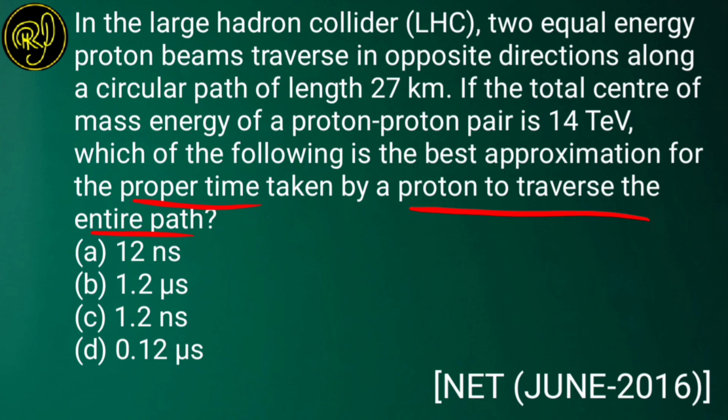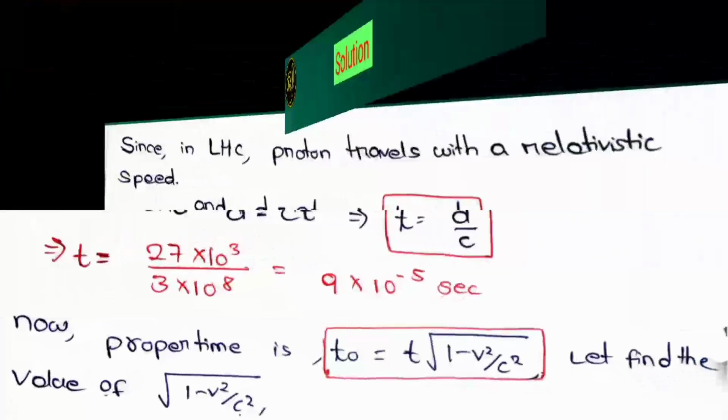Here we have to find the proper time taken by that proton to traverse that 27 kilometer distance. Your options are 12 nanosecond, 1.2 microsecond, 1.2 nanosecond, 0.12 microsecond.